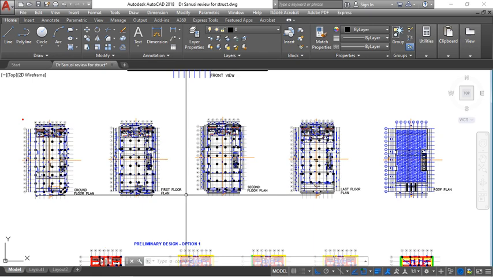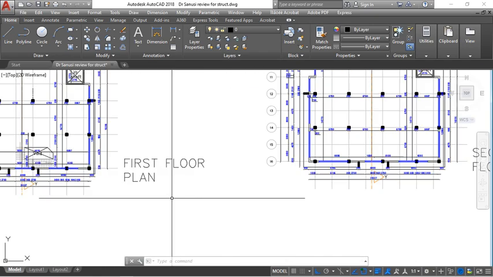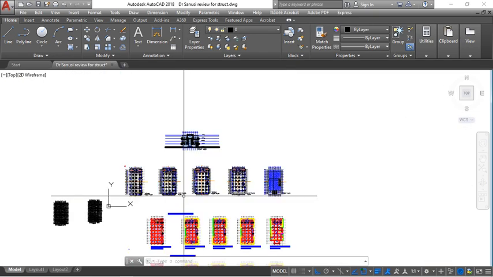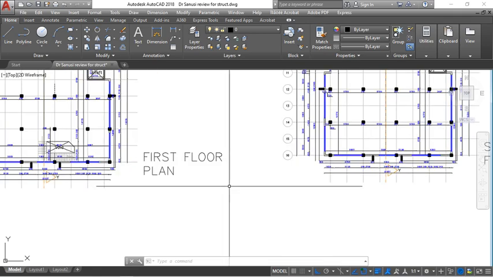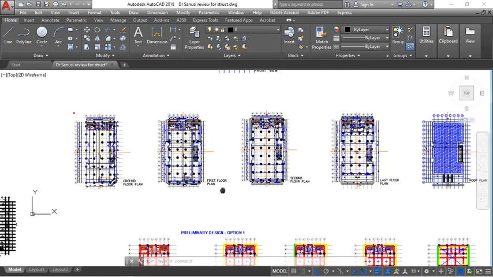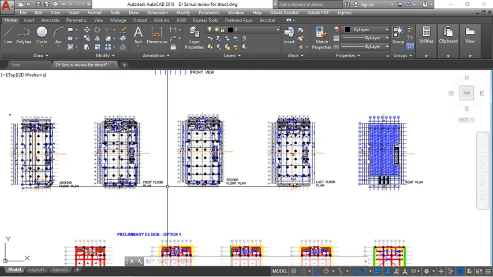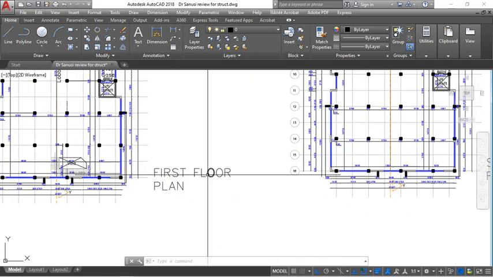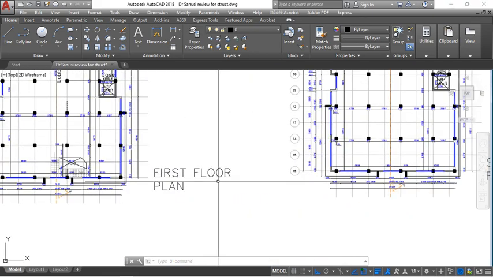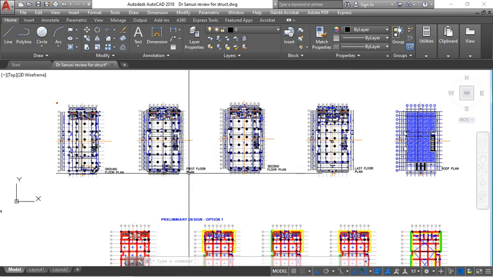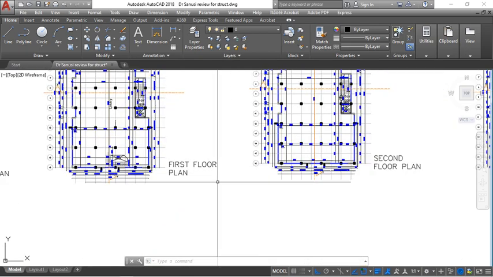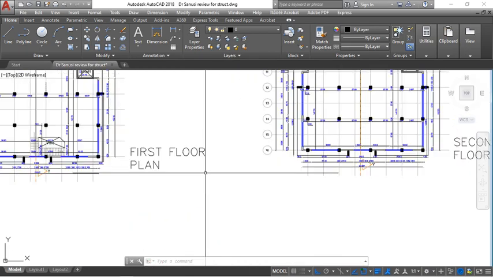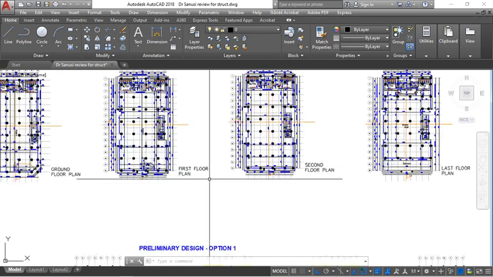Not like we don't have, but they are not well standardized. So we have issues in that regard. Then you also have to consider the clients. What is the capacity of your client? That is another thing you have to consider, and also who is going to execute the project.